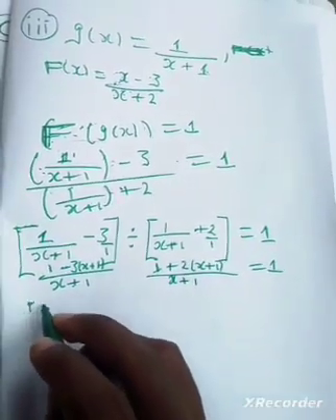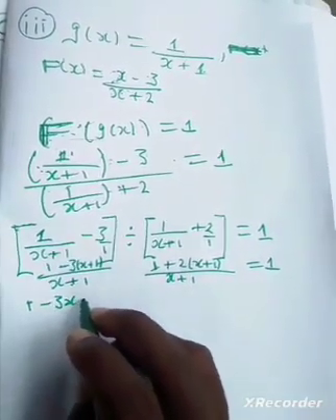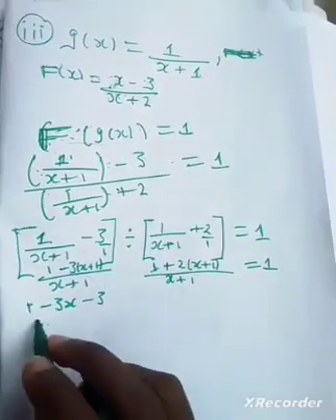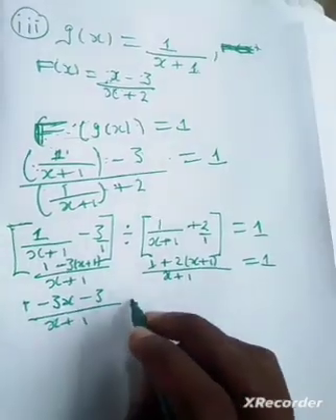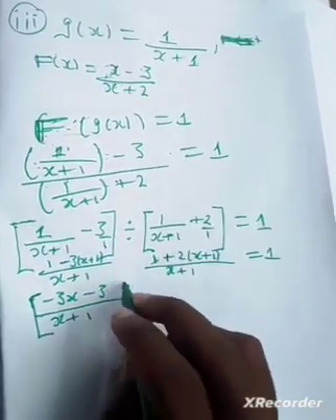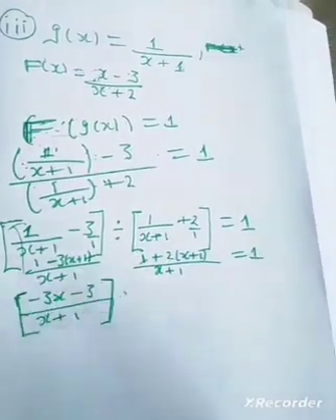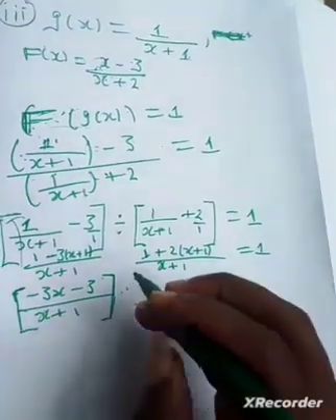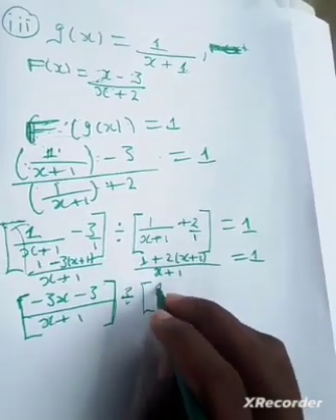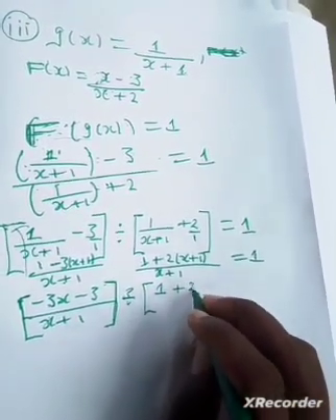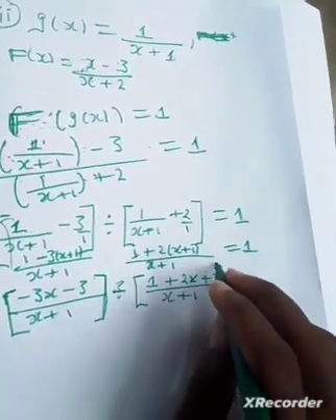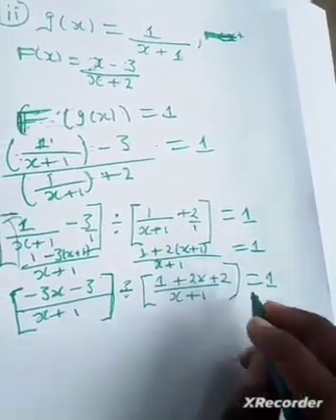So here it's going to be 1 minus 3x minus 3, then over x plus 1. I'm using these brackets just to separate them, to make them look organized, so that you don't get confused. Then here it's going to be 1 plus 2x plus 2 over x plus 1. Then equates to 1.